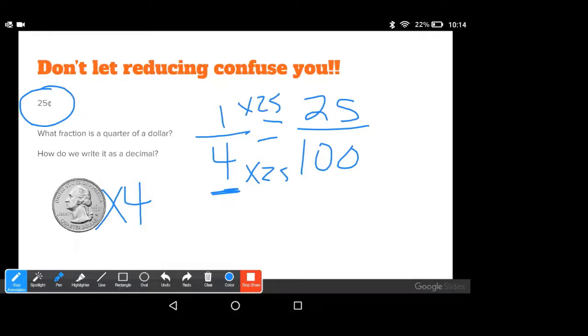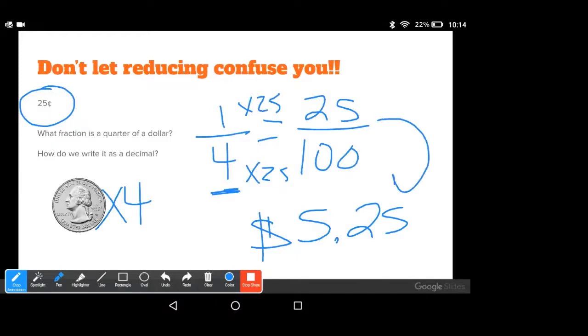These two are equivalent fractions, so that's perfectly fine. And when I write this as a decimal, if I have $5.25, I have 5 and 25/100ths of a dollar. So this is my 2 decimal places, my 100th place.